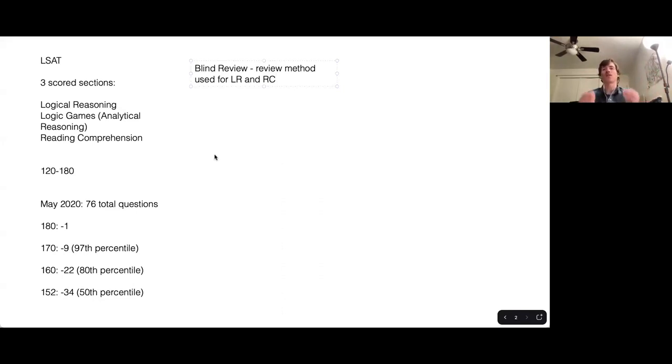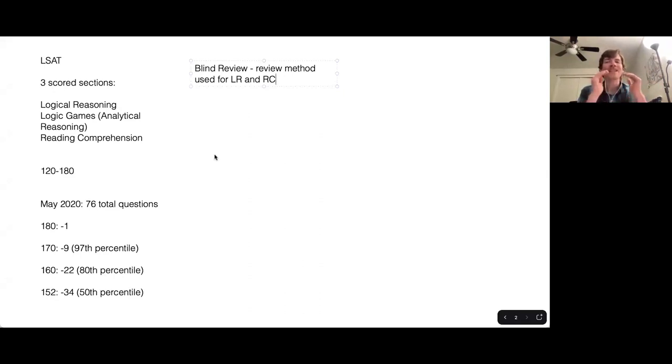This brings me to a very important point about the LSAT: for every single question on the LSAT, there is one right answer choice and four wrong answer choices, and there are definitive reasons for why that is the case. If we're adept enough, we can identify those reasons.